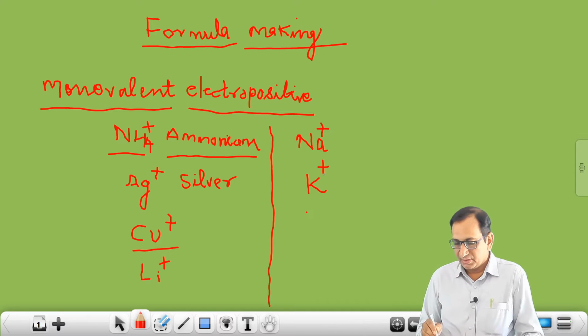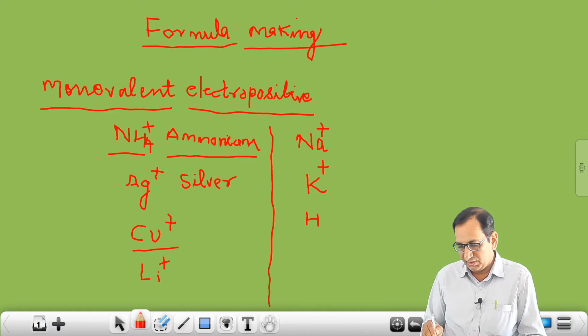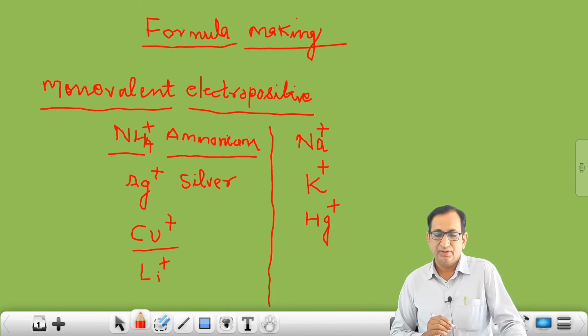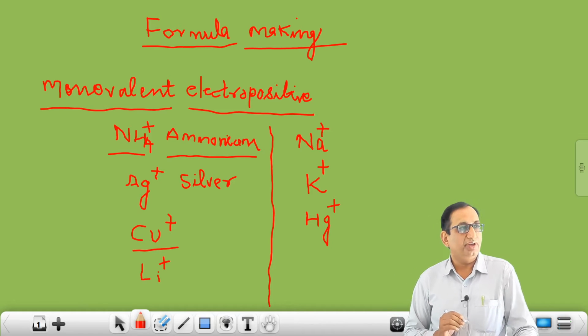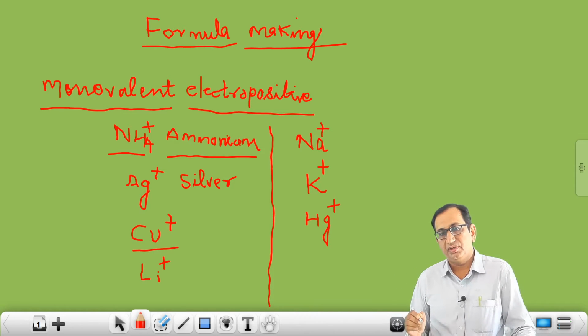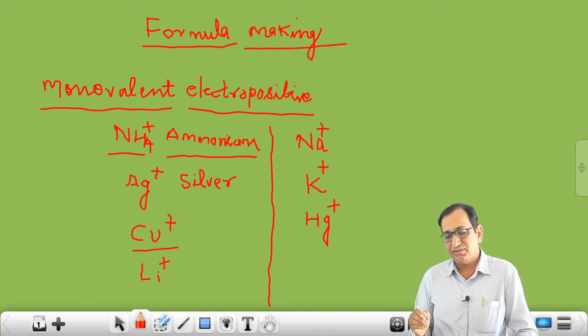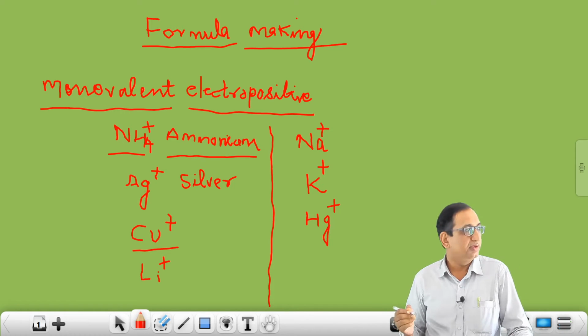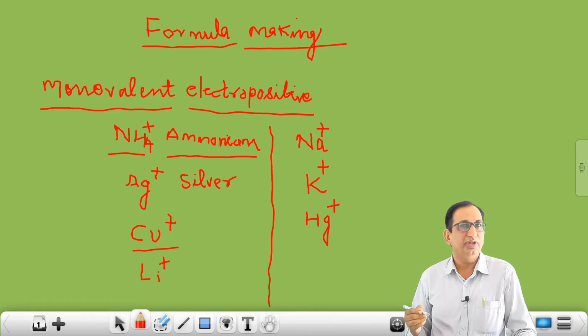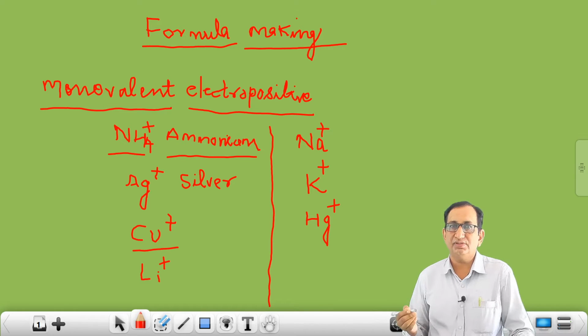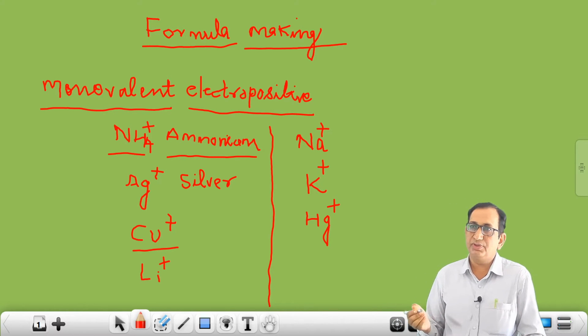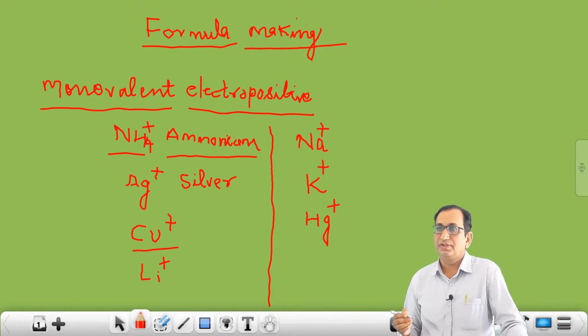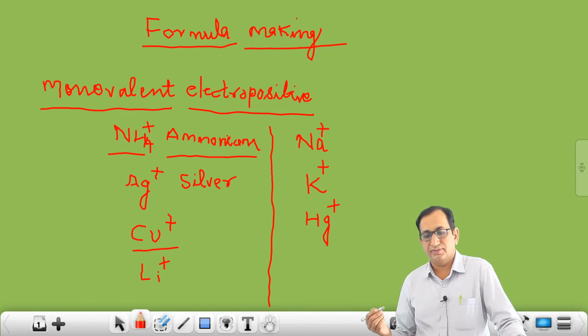Okay students, after that mercury, it has also got variations in the valency. So first we are talking Hg plus, it means this is mercurous. If valency is 1, it means this is mercurous. If valency is 2 here, Hg plus 2, then it is mercuric.